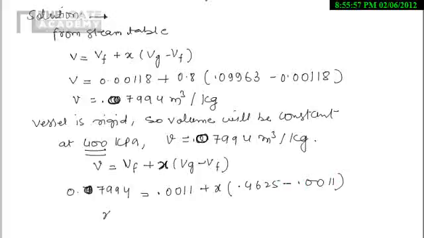If we calculate this, we will get X equals 0.1709. So the quality of the substance at 400 kilopascal is 0.1709.